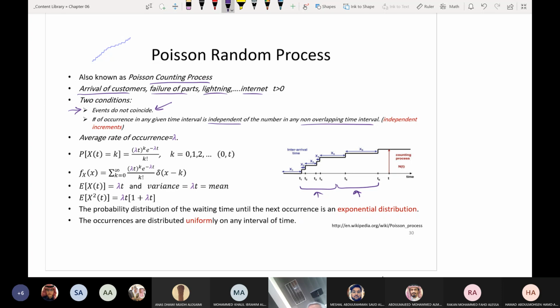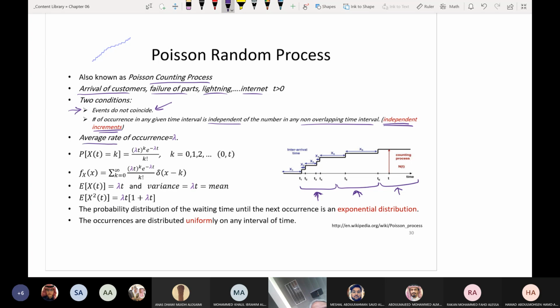If you take a third time interval, the number of occurrences there is also independent. You might have a large number of occurrences in the first interval, maybe small in the second, maybe small or large in the third. We don't know. There is no relationship. They are independent, and this is what we refer to as independent increments. So the increment over time is independent from time to time.